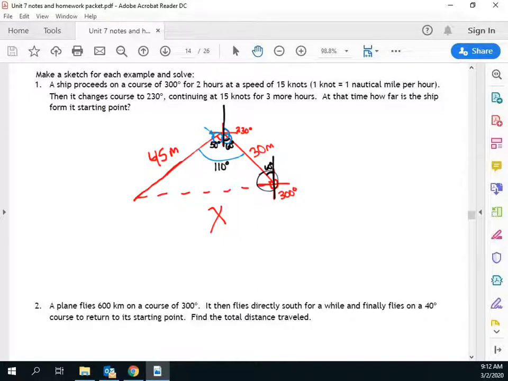And then from here, what do we do? Law of cosine. If you don't have a calculator, go and grab one at this moment, please.